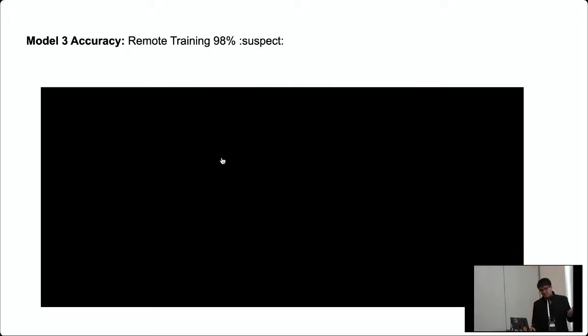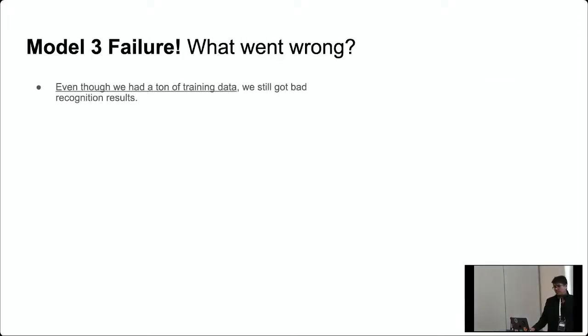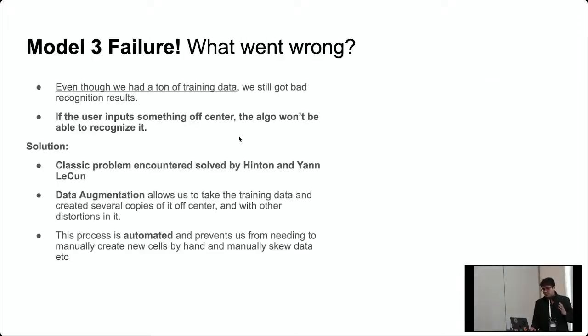The GIF is not going to play, unfortunately, but basically, this is showing the training of it, and that training is about 98%. It says we're doing really well, but that's actually a suspect number because we essentially weren't able to get good recognition.